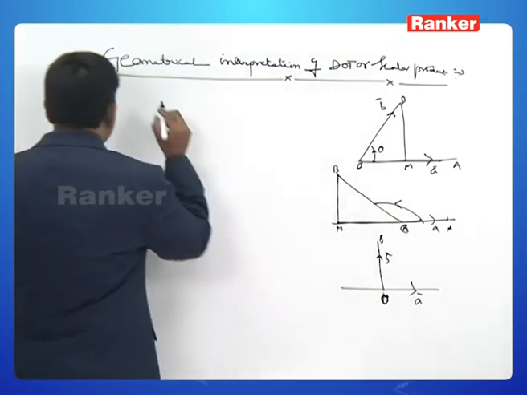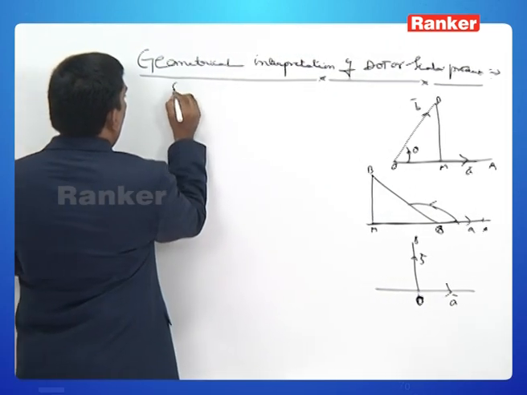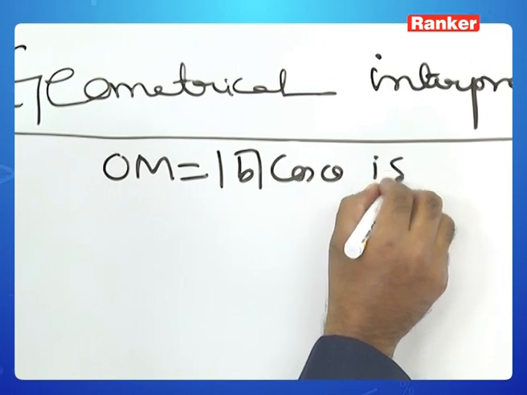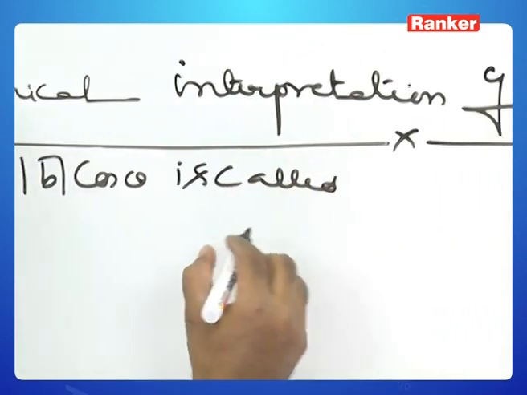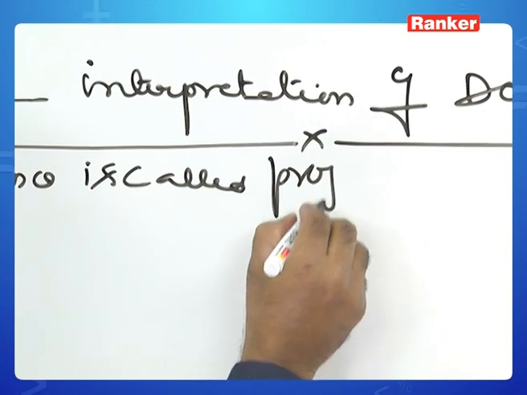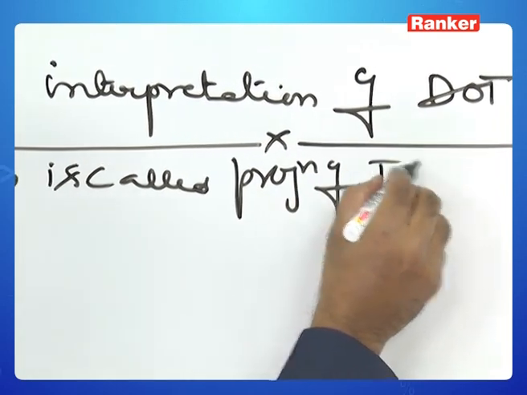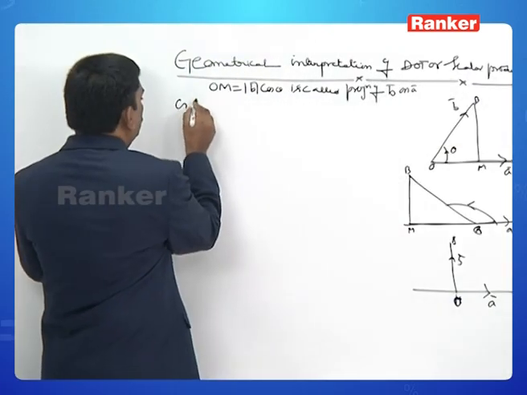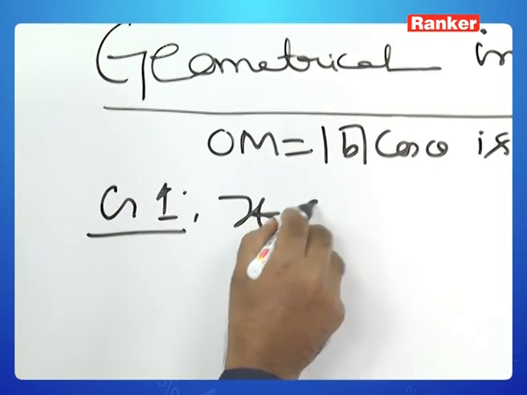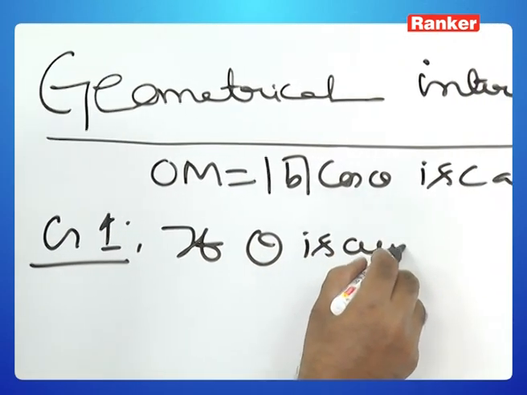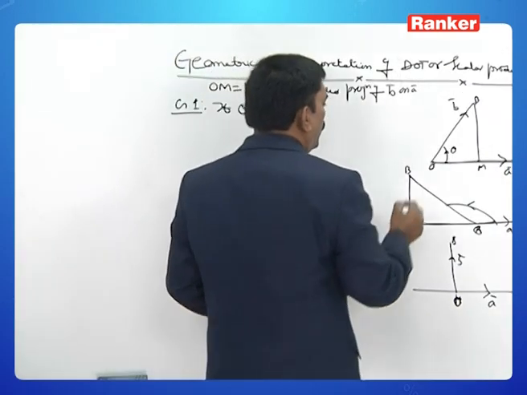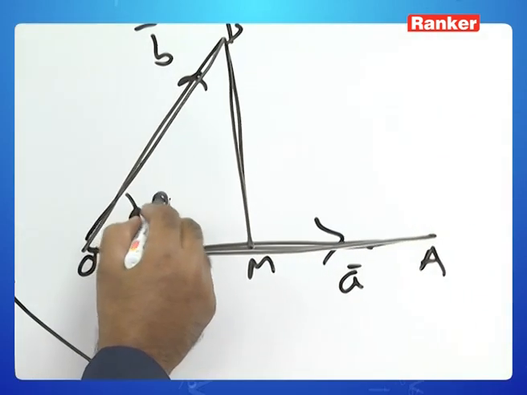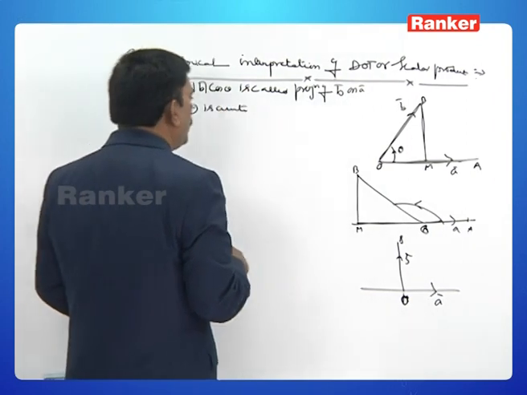Case 1, we came to know that OM is equal to mod B into cos theta, called projection of B bar on A bar. Case 1, if theta is acute, as I drawn in the previous, it can vary from 0 to 90.